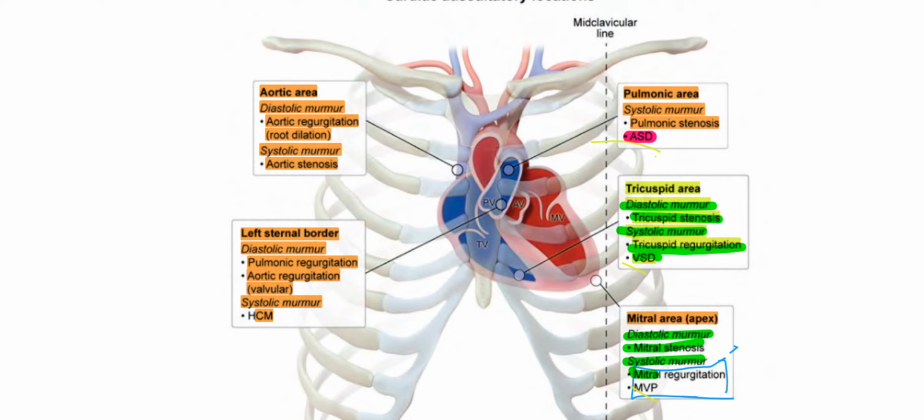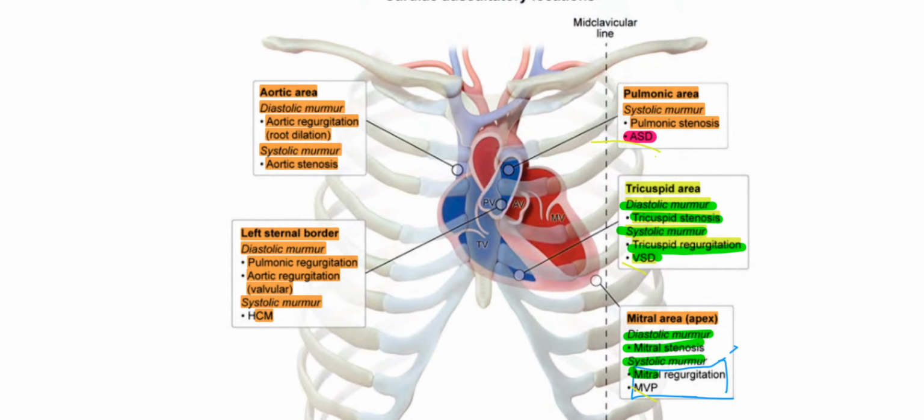So then this one they have not mentioned in the options. In the same region, but below the second intercostal space, that is in the third intercostal space, we can best hear the sounds of pulmonic regurgitation.